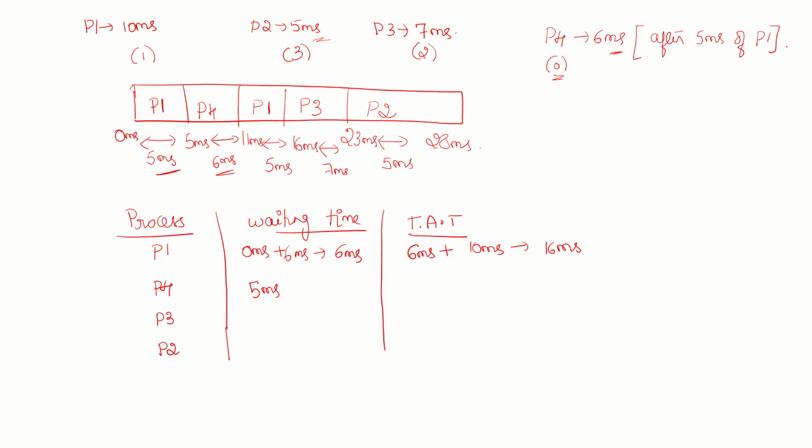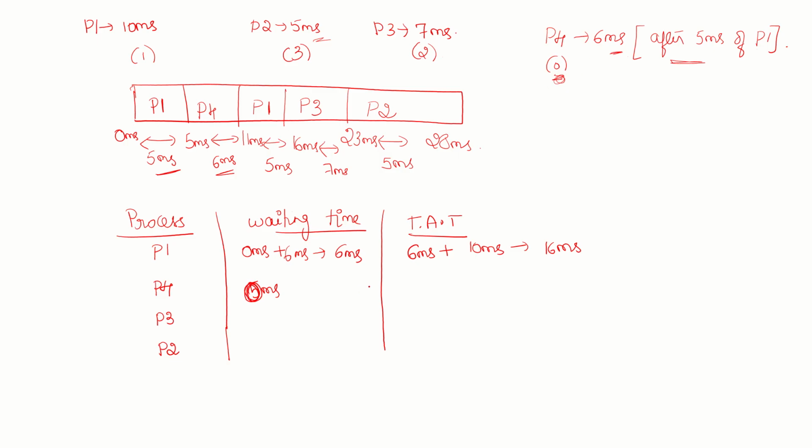Now if you see, this 5 milliseconds is not possible because as soon as P1 executes for 5 milliseconds, P4 comes and P4 is given the execution time because P4 is scheduled because of its highest priority. So I can say that P4 didn't wait. As soon as it comes to the ready queue, it was given. So here it is 0 milliseconds.